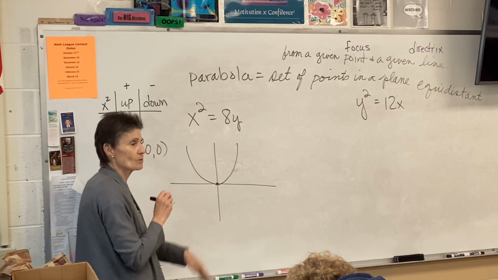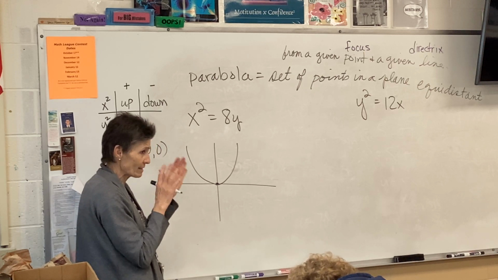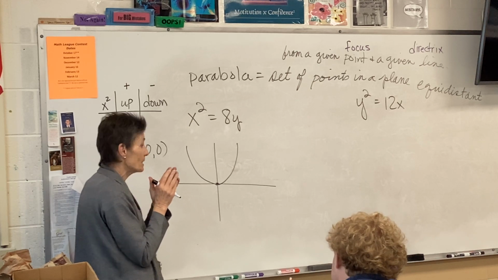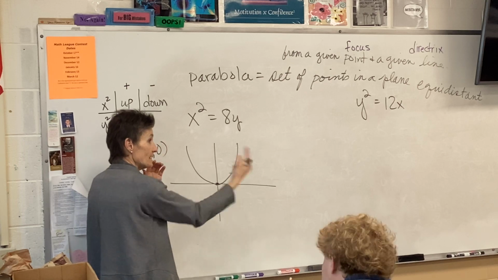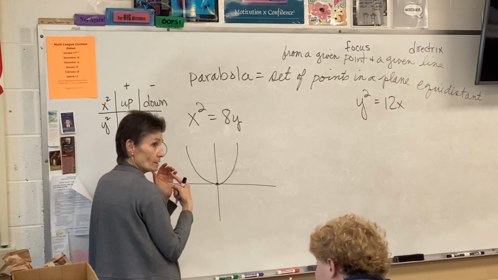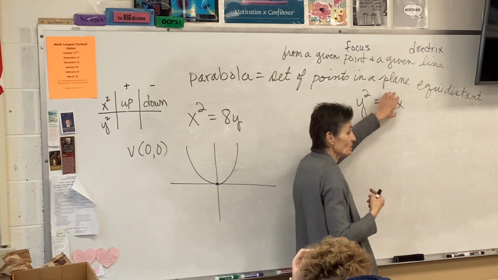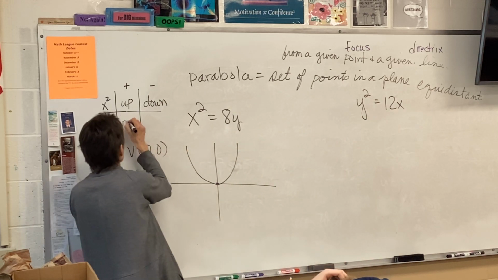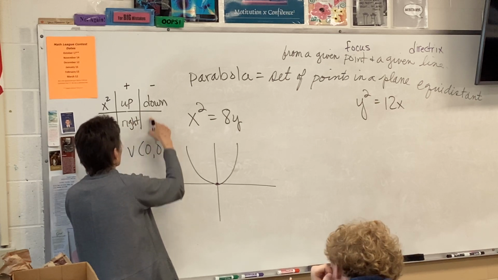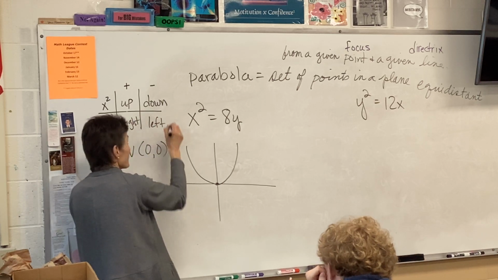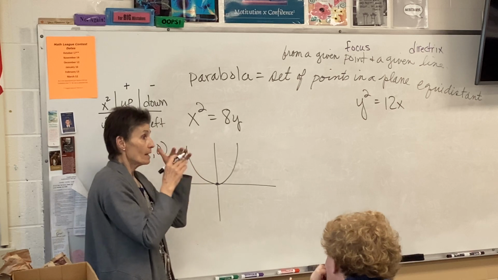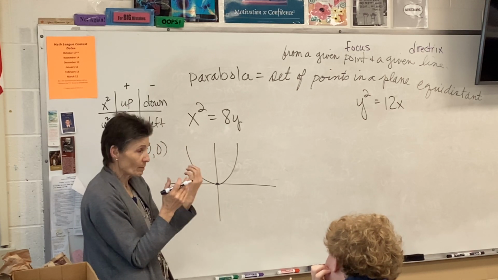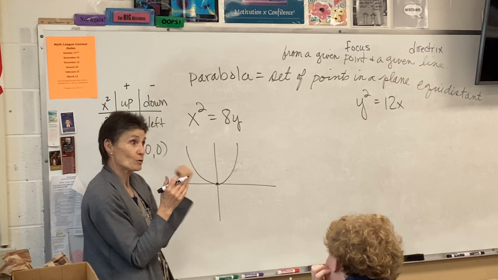Now you're using pencil, so you can erase that and do a better sketch in a minute. But right now I know that thing is opening up. If it's y squared, it's either going to open left or right. If the coefficient is positive, it opens right. And if the coefficient is negative, it opens left. Your answer is going to be completely hinged, you'll see what I mean here in a little bit, on whether you get that right.